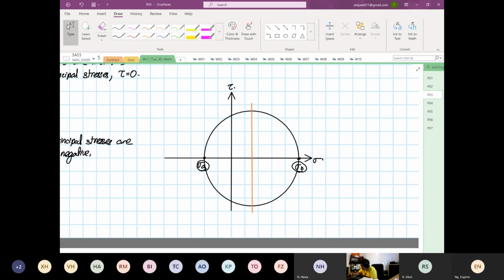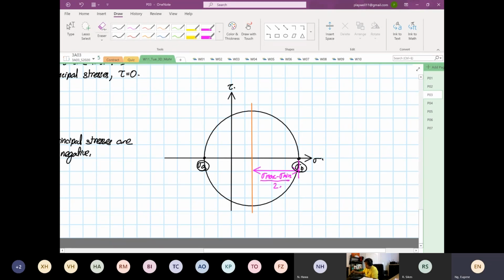So if I were to do this, the distance from here to here, this is equal to stress max minus stress mean divided by what?